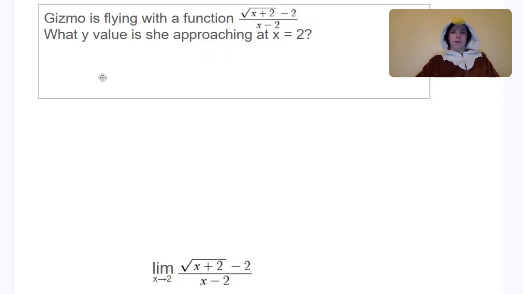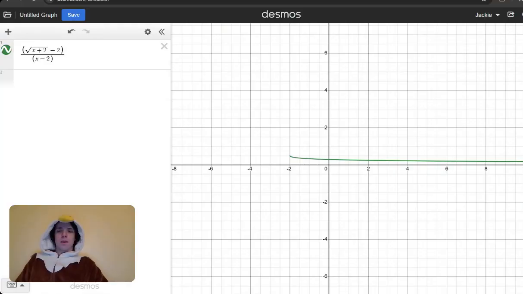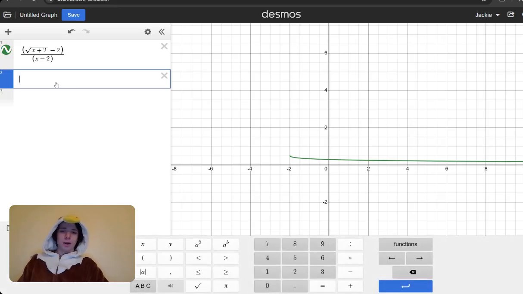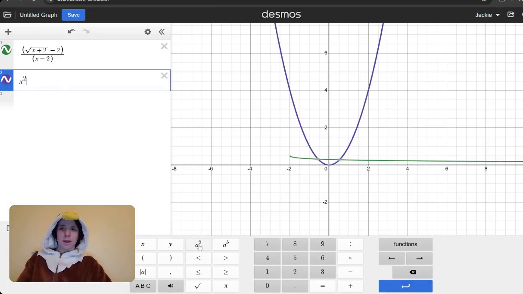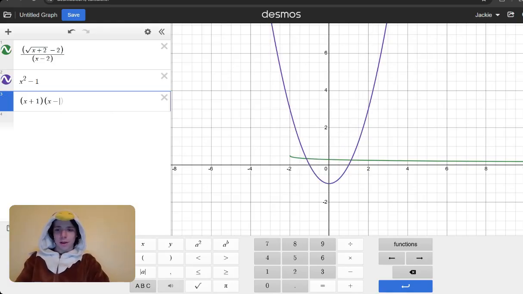And let's actually go into the graph for this. So we have this function right here, and what we're going to do is multiply by the conjugate. If we remember from algebra, x squared minus 1 is the same as x plus 1 times x minus 1.